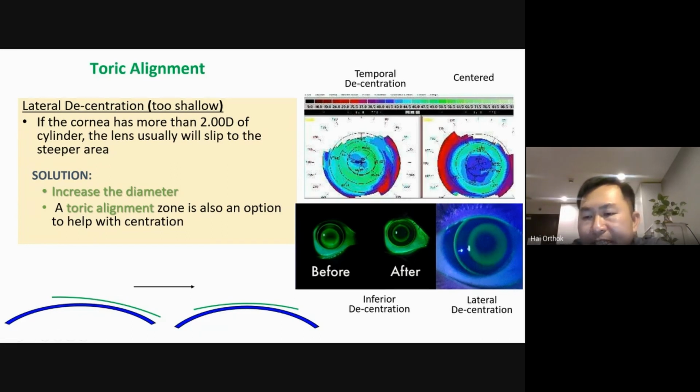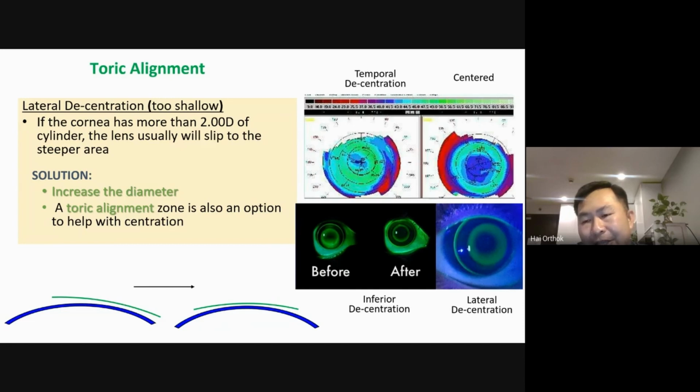There are many reasons for lateral decentration. The first reason is because the lens we choose has less toricity compared to the cornea. So we have to increase the toricity on the lens like this case in order to make the lens well centered.